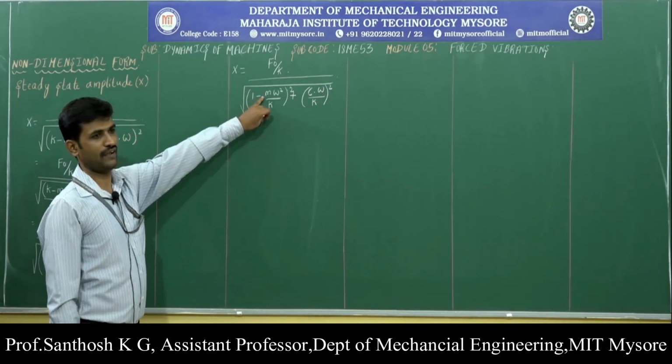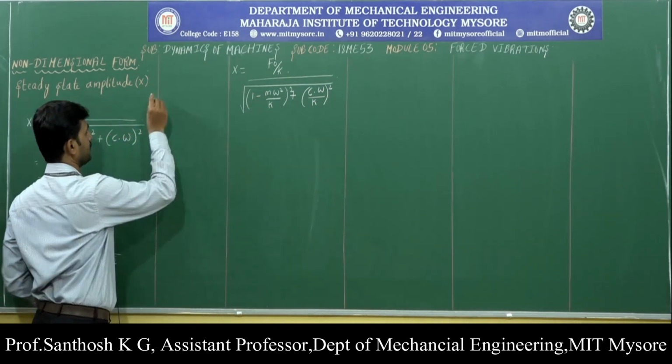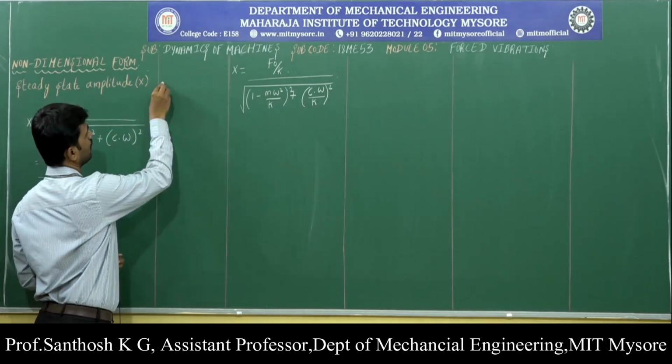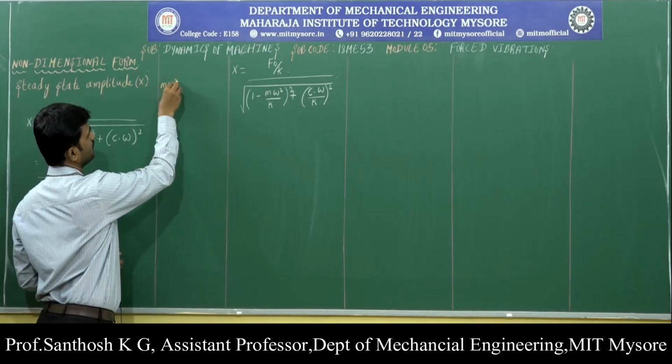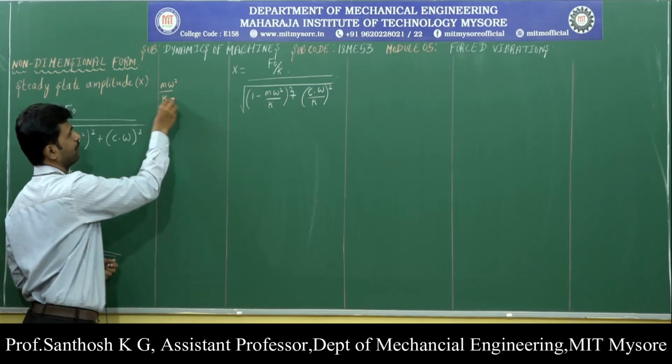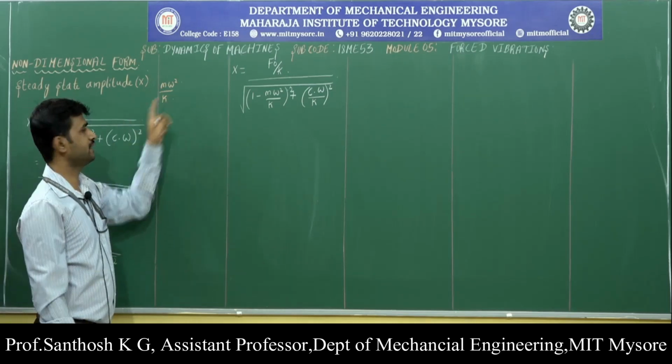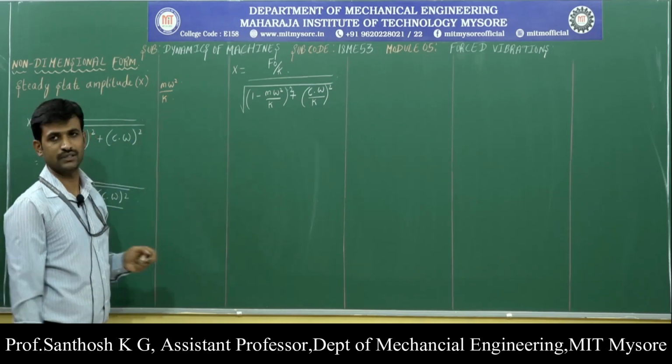Here we have the term m omega square divided by k. I will make a little alteration to this term.